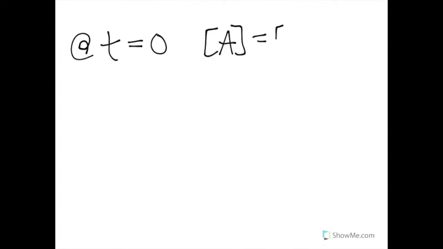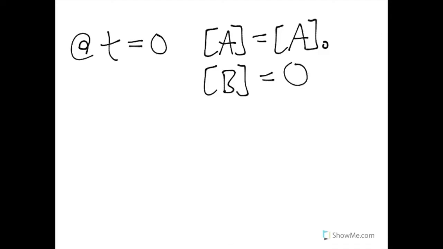Okay? So we need to decide some initial conditions. What we're actually interested in is the concentration of A and B at some time t. So we need to determine what's the situation at time t equals 0, the beginning. And let's just say we have A, and we'll call it A naught at time 0, and that's all we have.